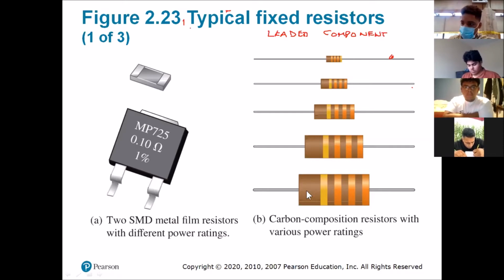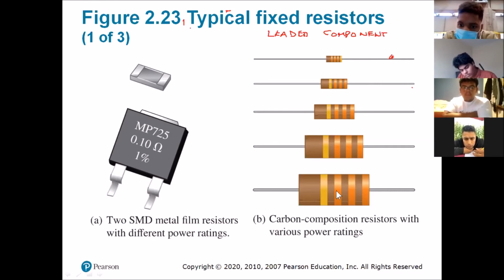When you have current flowing through a resistance, you're going to generate heat. The more heat you generate, the hotter something's going to get, which means we have to get rid of that heat. Well, if I have something little like this guy that doesn't have a lot of surface area, I can't get rid of as much heat as I can with something down on the bottom that's nice and big.